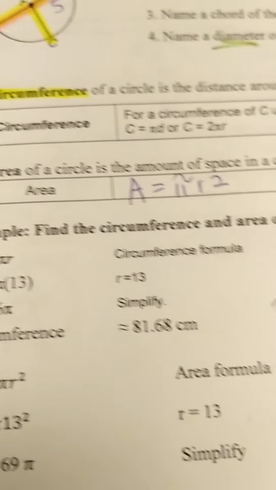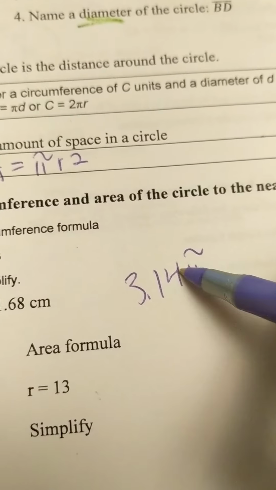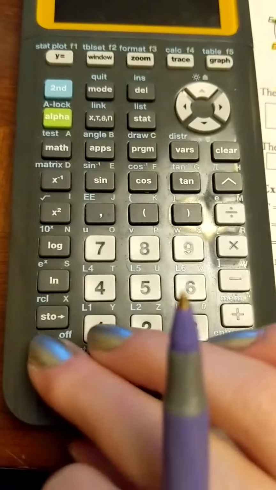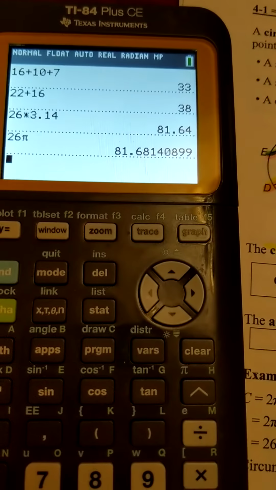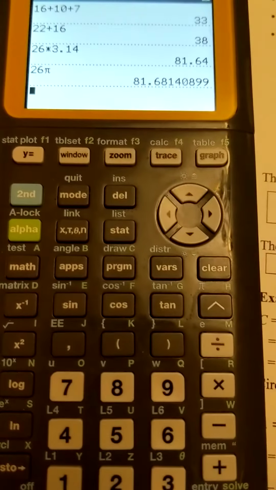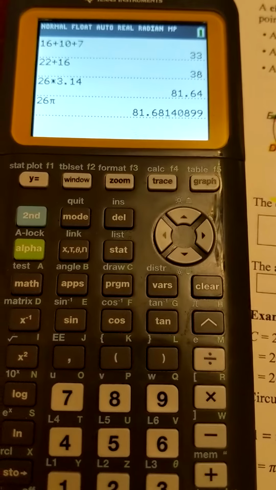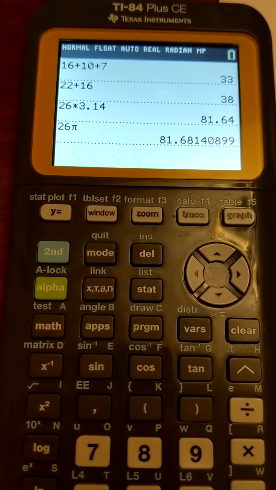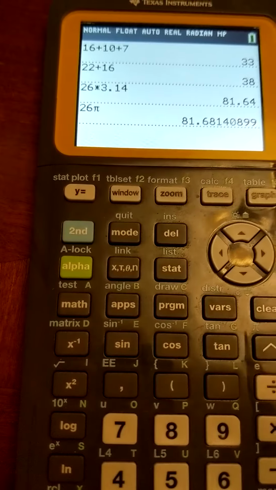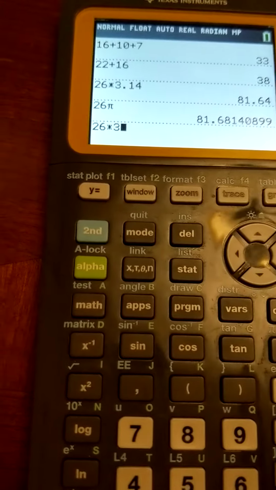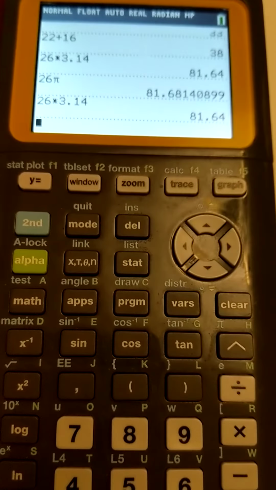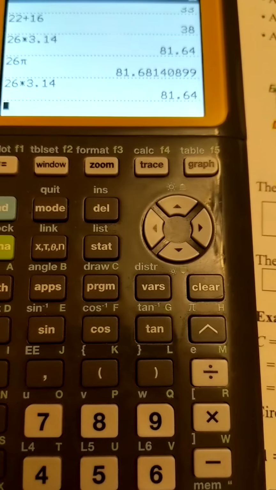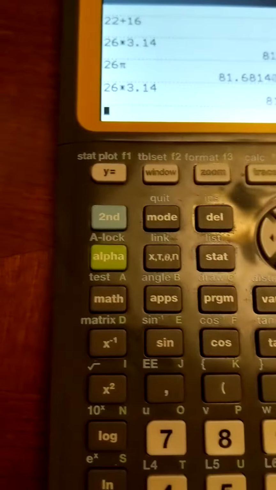I'm okay if we use 3.14 for pi, or if you have a calculator that has the pi button. I know in the past a lot of my students have used this calculator in class. Obviously you don't have these at home, but you can use the pi button. If we type in 26 times 3.14, we'll get approximately 81.64.